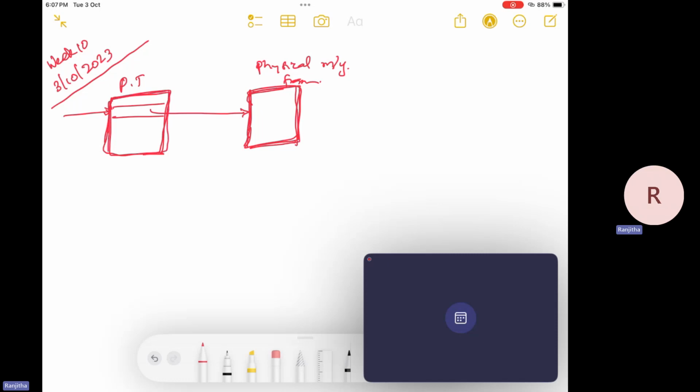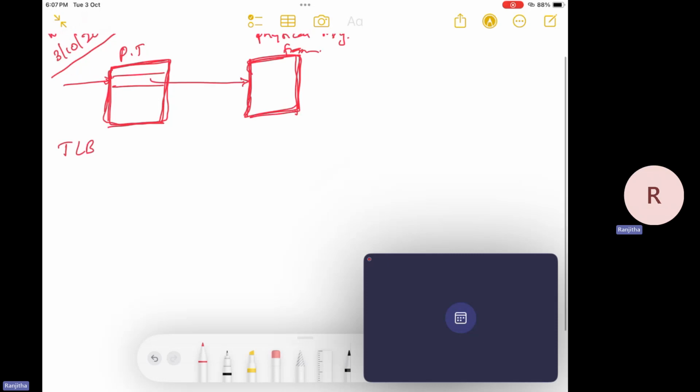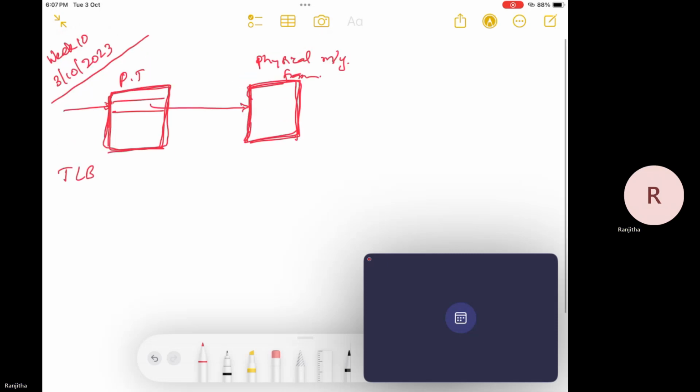To reduce this time, there is something called TLB, that is translation lookaside buffer, which is a very fast memory. So this TLB will hold the page and frame number information. It's kind of a cache. So it will have the page number and its corresponding frame number.